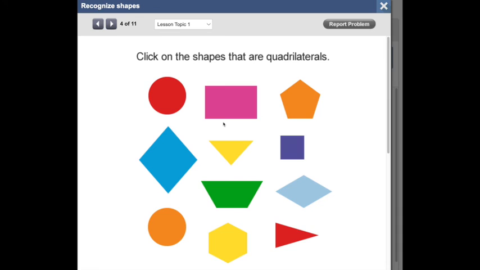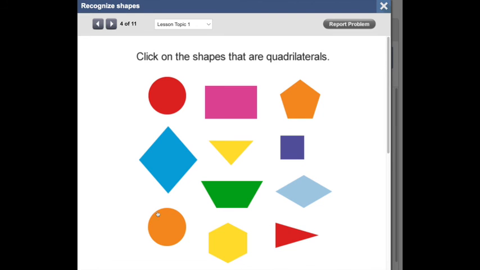Going back to wrap up this part of the lesson, hang in there about 1 or 2 minutes till recess. 1, 2, 3, 4 angles, and this light blue shape is 1, 2, 3, 4 sides. And that would be a yes. You would click on that.